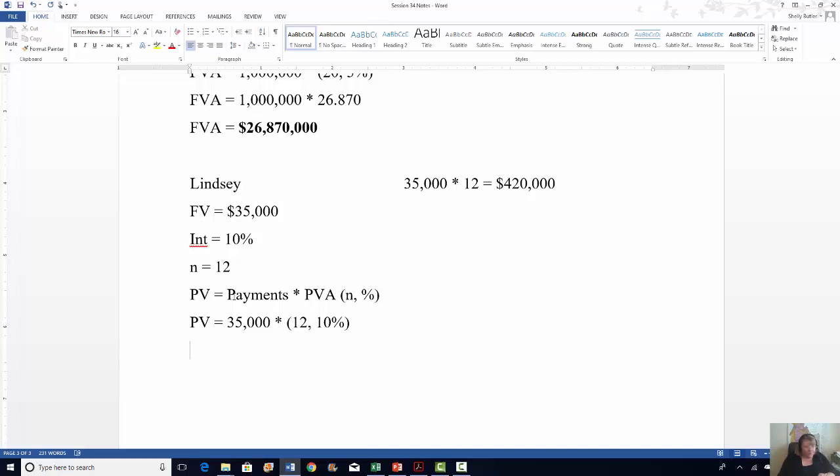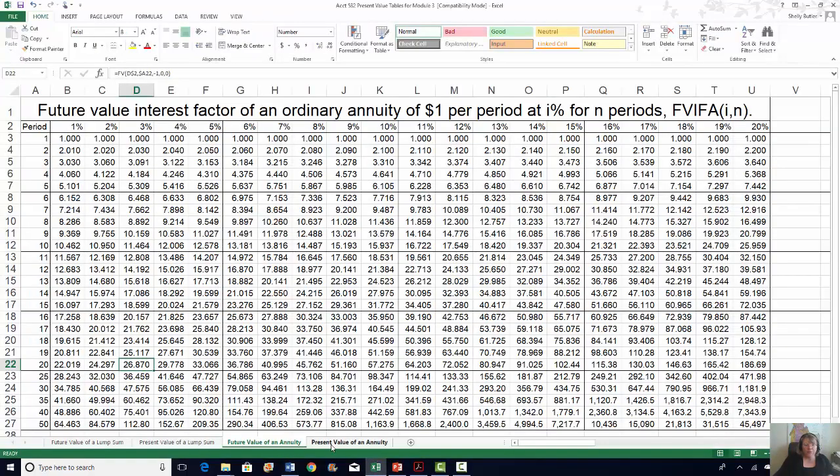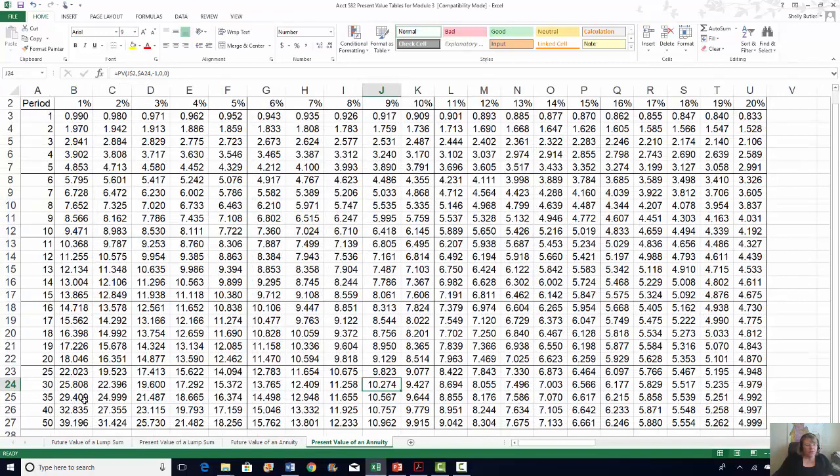Okay. And your present value is equal to 35,000 multiplied by the factor in the table. We're looking at 12 N, 10%. And this is the present value of an annuity.